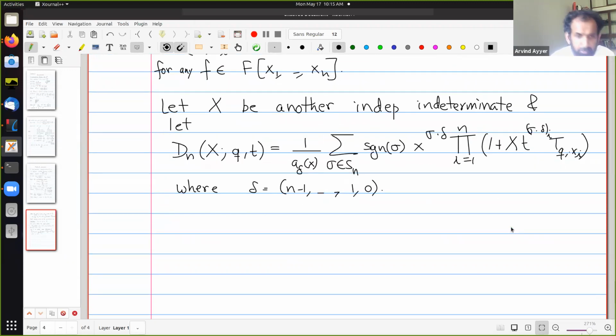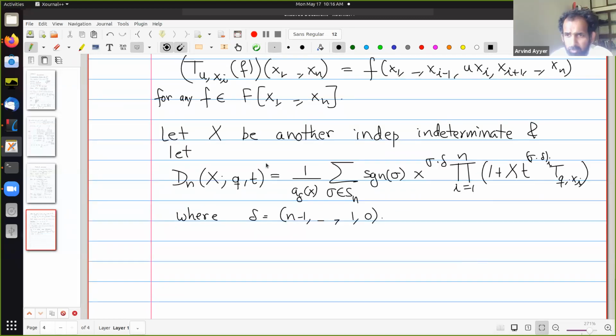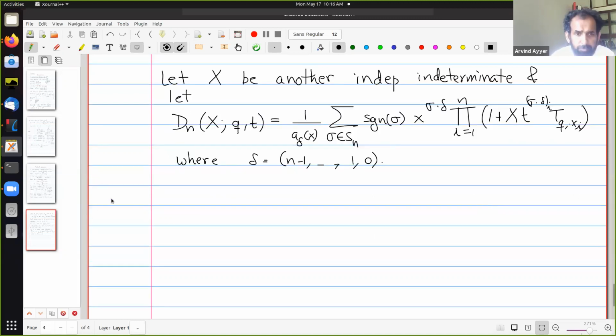So for now, delta(x) means delta(x1, x2, ..., xn), and then x to the sigma. Yes, this is the Vandermonde, the product. So then what we want to do is extract coefficients of powers of X. There is an x somewhere after the sign too, right?